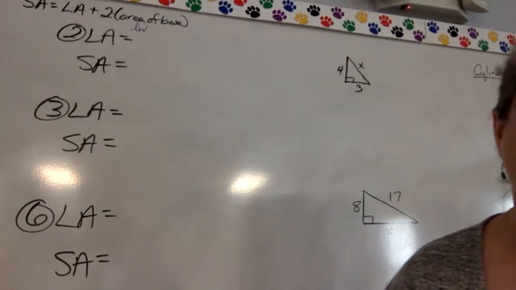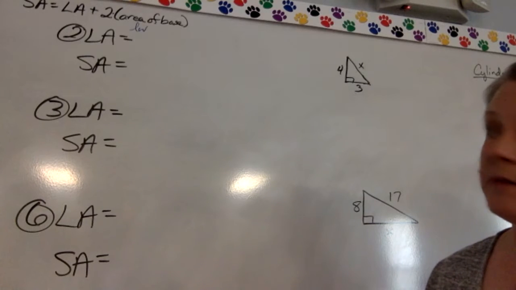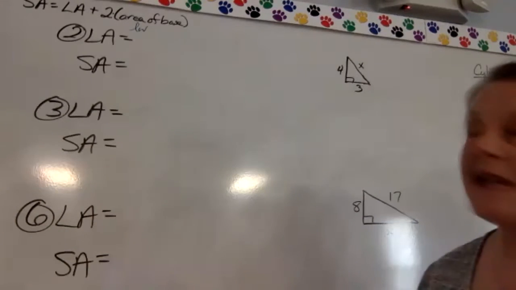So, all right, on the triangular ones, they are different. You're doing the same basic formula. Perimeter of the base times the height, but it's a triangle.